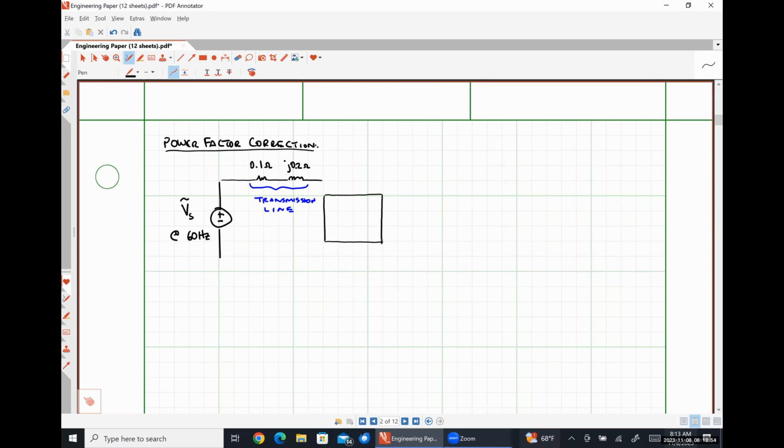You only care what it draws and what power factor it's operating at. So let's call this guy load number 1. And let's say that it draws 30 kilowatts at a power factor of 0.8 lagging.